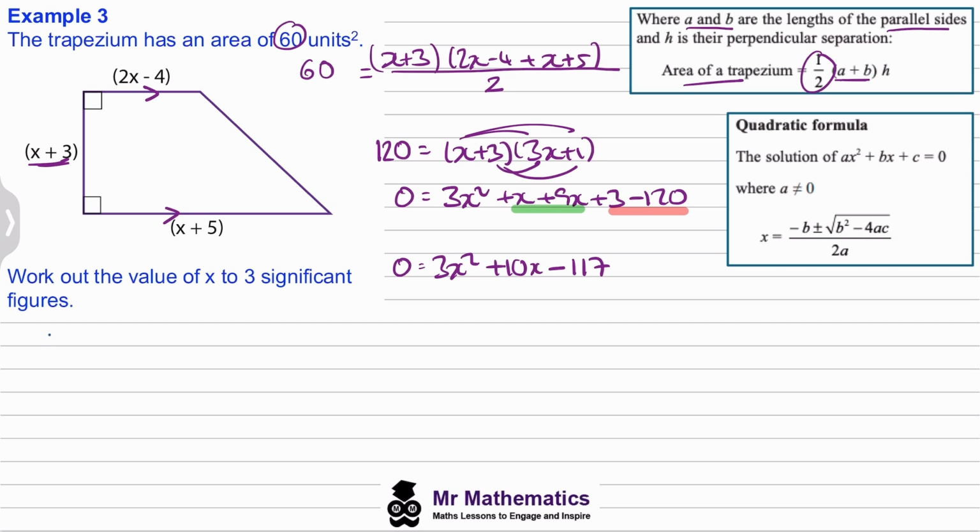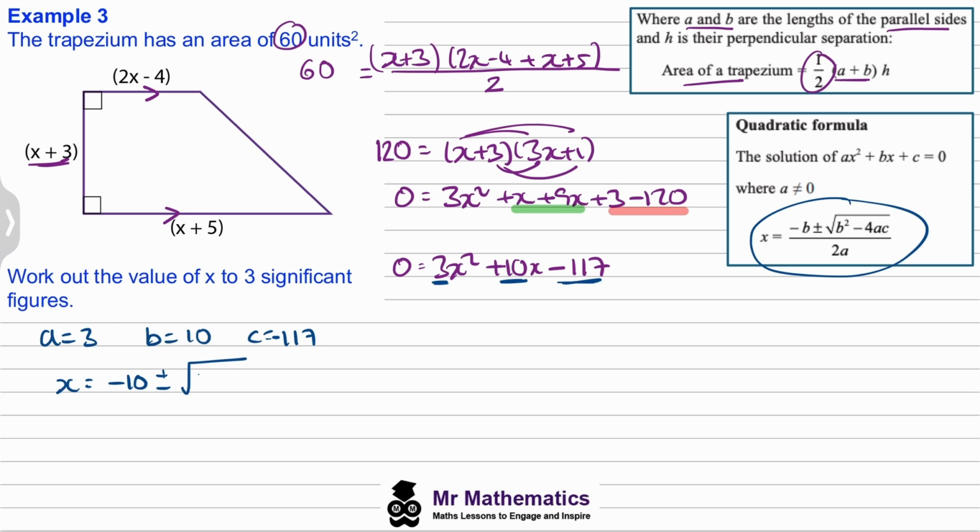Again, we'll use the quadratic formula. So a will equal 3, b will equal 10, and c will equal negative 117. Substituting them into our formula, we'll have minus b plus or minus the square root of b squared, which is 100, minus 4 times a, 12, multiplied by negative 117, divided by 2 lots of a.